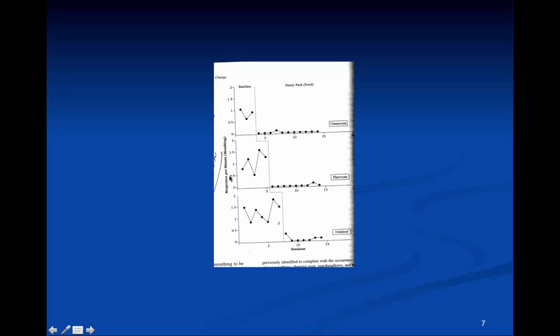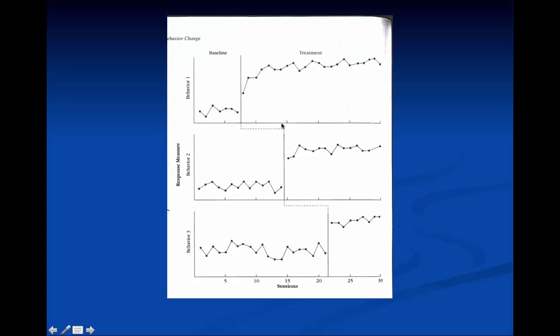This is decreasing mouthing, and again, you're demonstrating control because it's occurring at a high rate in this first A-B in the classroom. When you introduce the treatment, it shoots way down. However, you're demonstrating control because it didn't just come down immediately when you introduce the treatment in the other two settings. This is important because it controls for confounding variables.